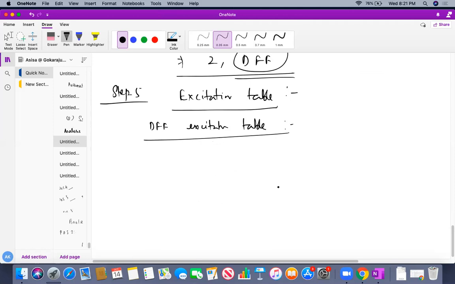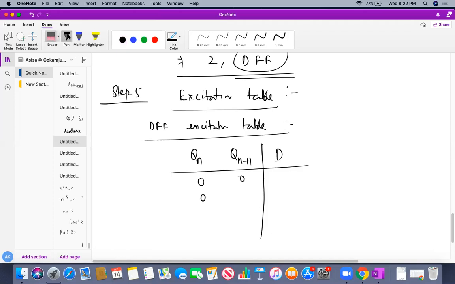So we need the excitation table of the D flip-flop in order to find the excitation table and output table from the state table. What is the D flip-flop excitation table? First of all, Qn plus 1. At that time, what is my D? Obviously there are 4 states, 00, 01, and so on.